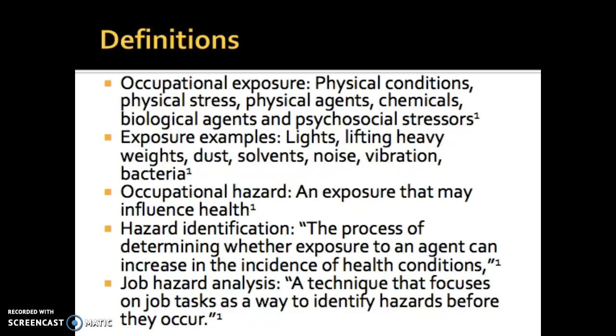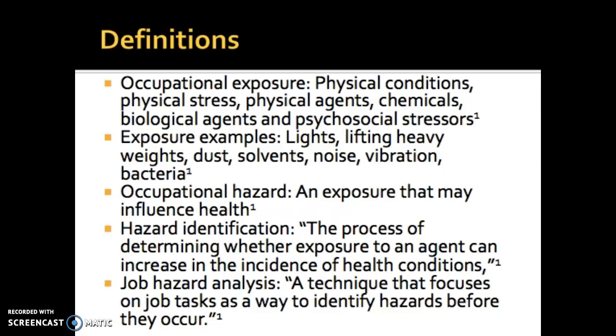A few examples of these exposures include lights, heavy lifting, dust, solvents, noise, vibration, and bacteria. Occupational health is defined as an exposure that may influence health, and hazard identification is defined as the process of determining whether exposure to an agent can increase the incidence of health conditions.